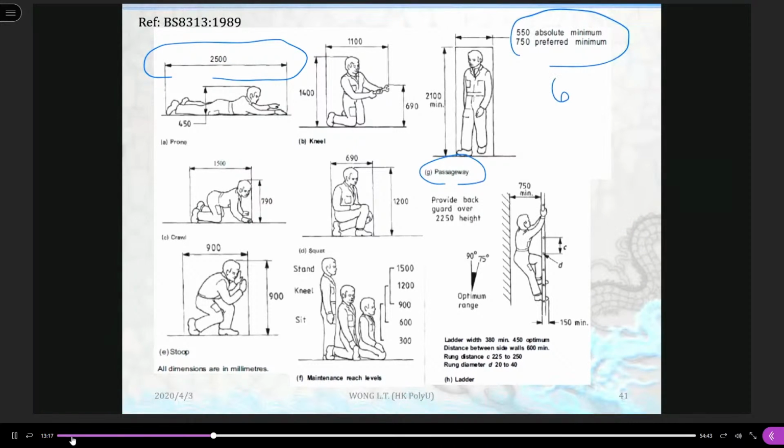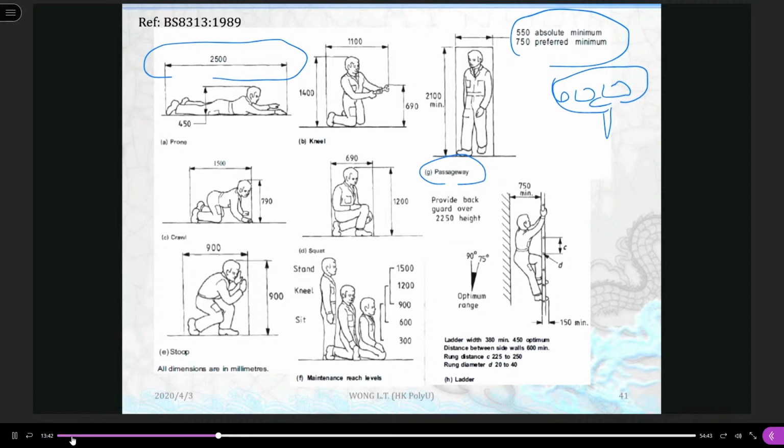At least this one I used when I was a training engineer. So we have the idea that 500 or 550 are the absolute minimums for the pathway. Therefore, allow 600, there's a reason why. Preferably 750. Okay, 2.1 meter.